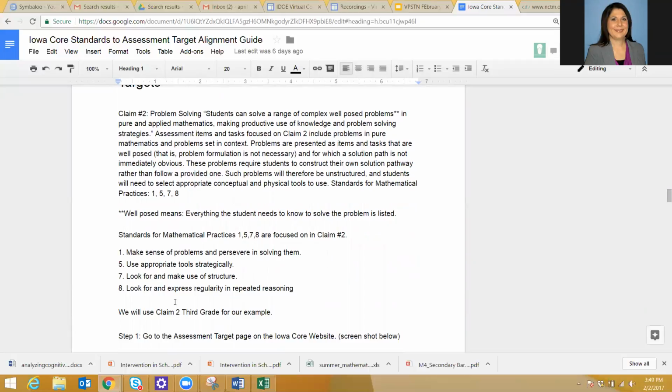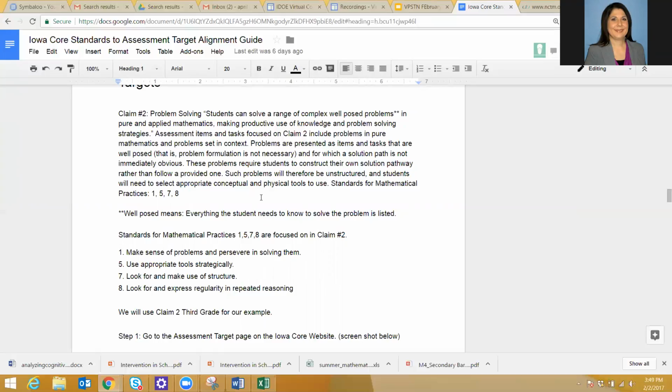The 4 standards for mathematical practices that lend themselves to problem solving are: number 1, make sense of problems and persevere in solving them. Number 5, use appropriate tools strategically. Number 7, look for and make use of structure. And number 8, look for and express regularity in repeated reasoning.